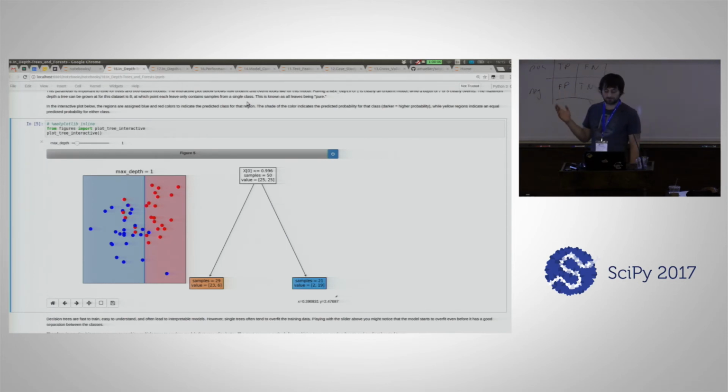It tries all possible thresholds, or axis parallel decision boundaries. The first best question it found is whether x0, the x-axis, is greater or equal than 0.996. That's this line. This line is pretty good at separating red from blue. It's the best possible axis parallel line to separate red from blue.